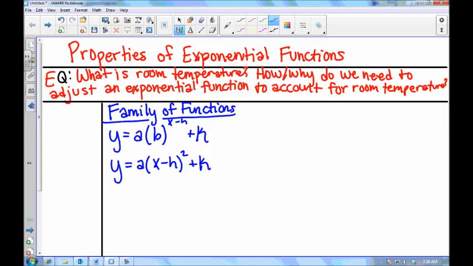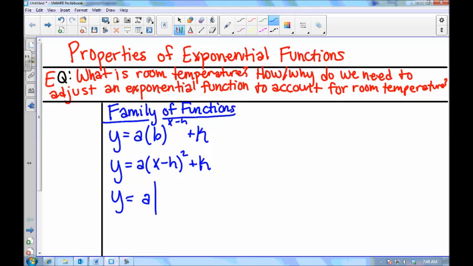What other functions did you learn last year? There's at least 4 more. Did you learn something called absolute value?